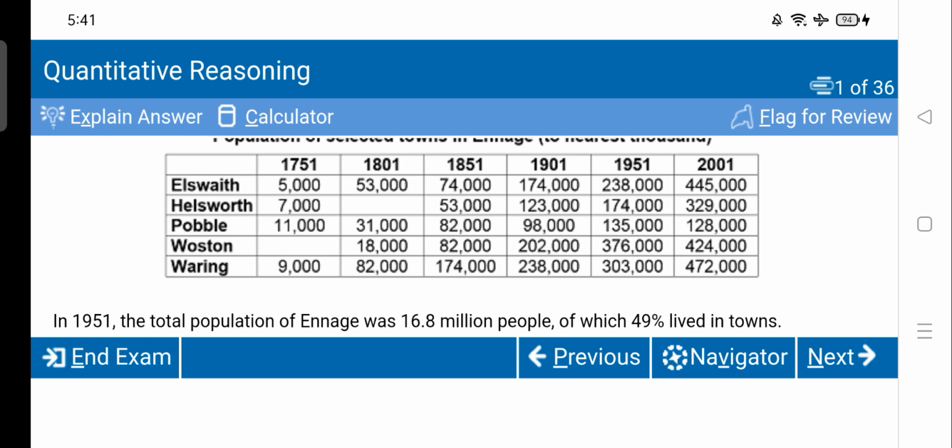Here we have Ellsworth, Halsworth, Pobble, Boston, Waring, in 1751, 1801, 1851, 1901, 1951, and then 2001. So here we have the information given in the table.